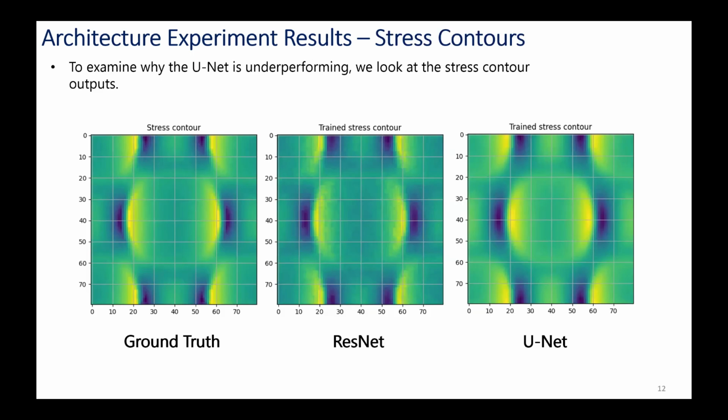And looking at the stress contours, for just a qualitative analysis, we see that the ground truth is fairly comparable to the ResNet and the UNet. The UNet has a much smoother contour, but geometrically it's a little bit smaller than the ground truth in this particular example, whereas the ResNet more closely mimics that circular part in the middle.